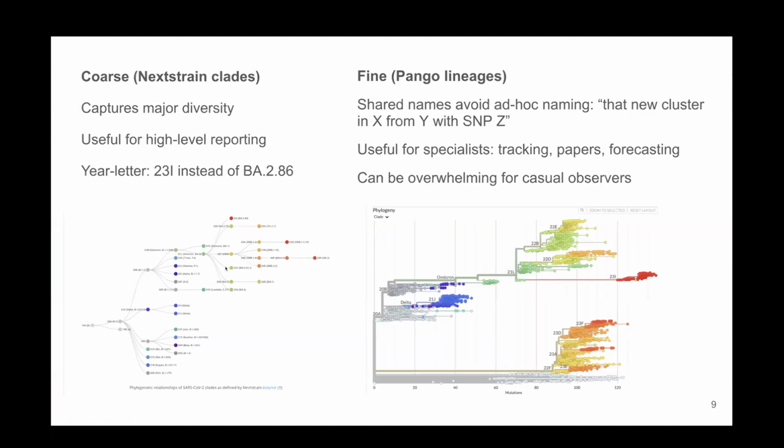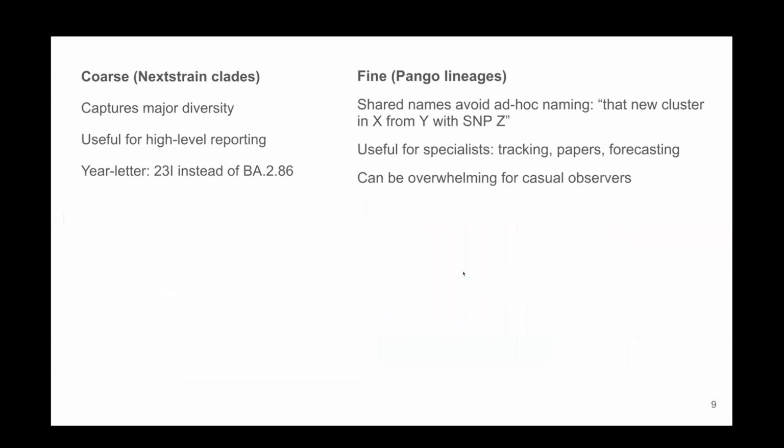You don't need to read what's here, but you can see the scale. There are just 40 lineages, or clades, and you can very quickly see what descends from what. On the other side, you have those 4,000 Pango lineages, and every dot on that tree is a Pango lineage. It misses some of the early ones, but it gives you an idea of the different scales. Each is good for different purposes.